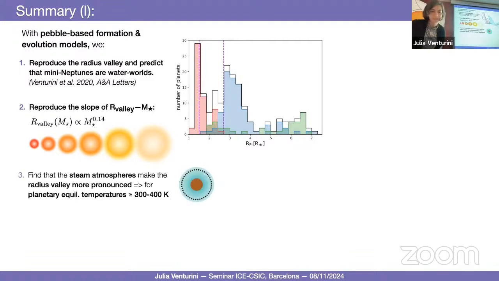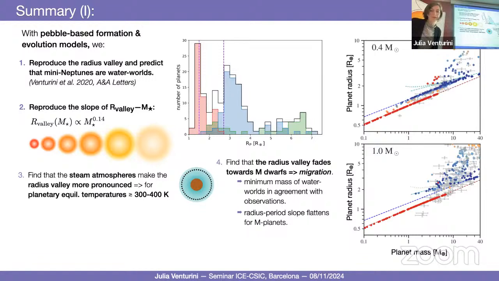I didn't have time to talk about that, but there is also an effect of the water. If the planets are warm enough, if the equilibrium temperatures are above 400 K, then the water that was accreted as ices will be in the form of steam because the planets are hot. And this also puffs up the planetary radius and helps to have a deeper radius valley.